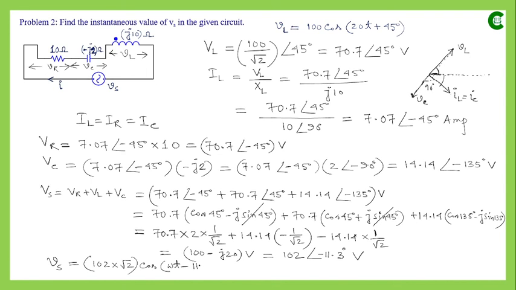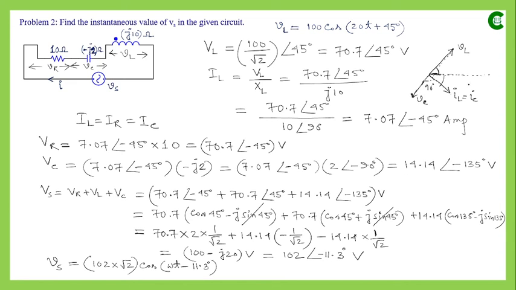This will be the 11.3 degrees. But this 11.3 degree phase difference will be with respect to the reference, as for the other values we have also represented with respect to the reference only. So here, this lagging phase difference will be with the reference line.